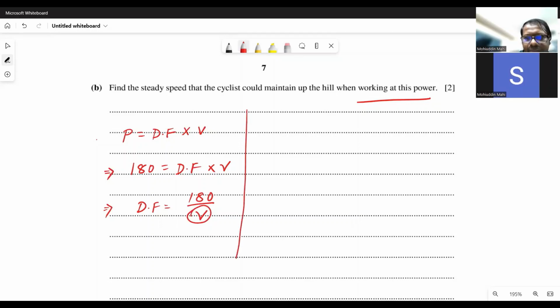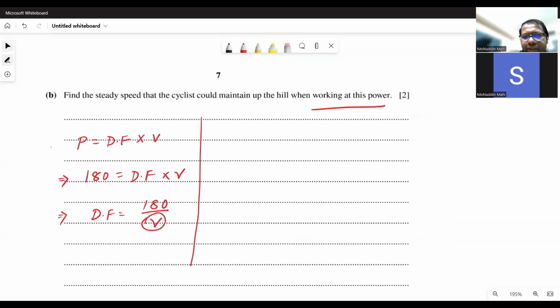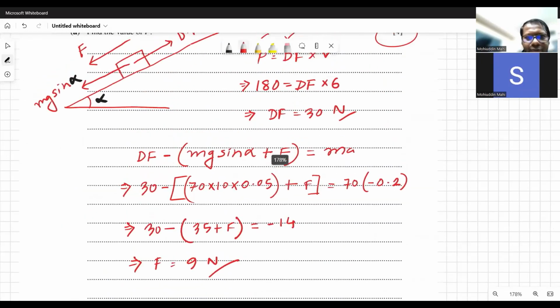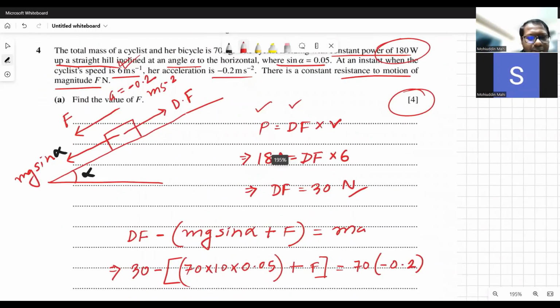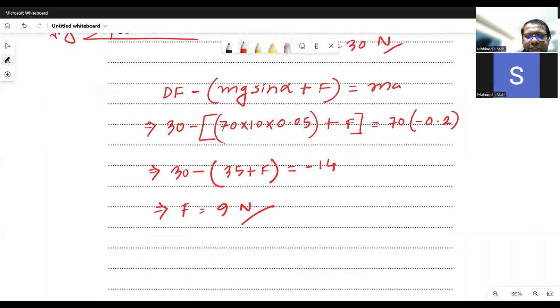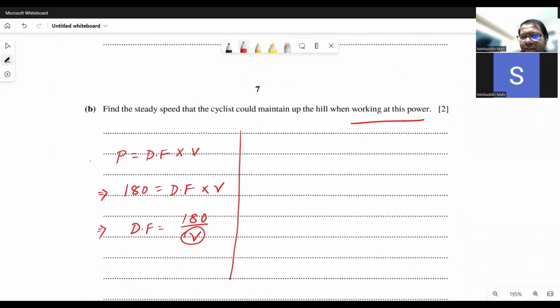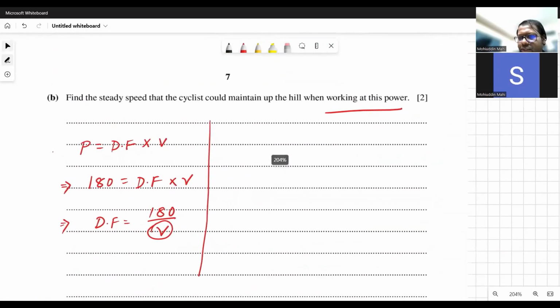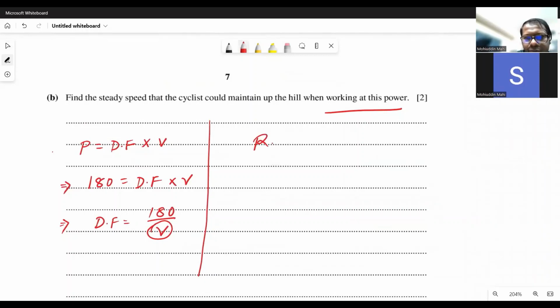So now the equation will be, let's go back to the figure again. The driving force is going to act in the upward direction, and the resistive force and component of weight are going to act in the downward direction. Now, as they're talking about steady speed, the resultant force is going to be 0.